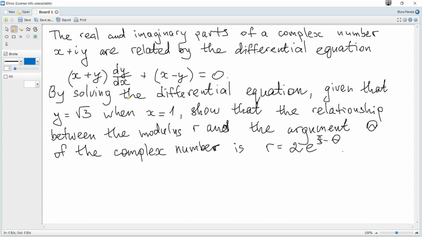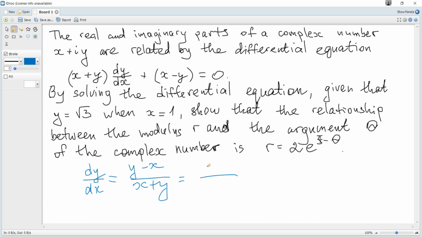So how to solve this differential equation? We can see that dy dx is equal to what? We move this to the right and it becomes y minus x over x plus y, and we can see each term contains x or y, and we can understand that dy over dx is a function of y over x.